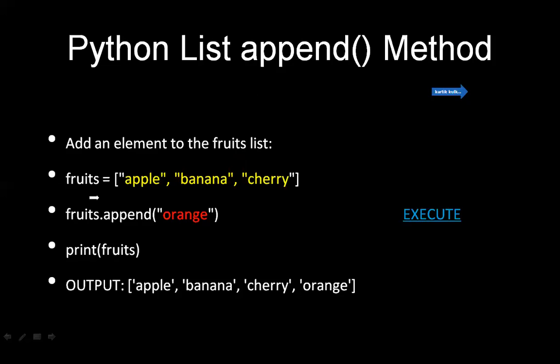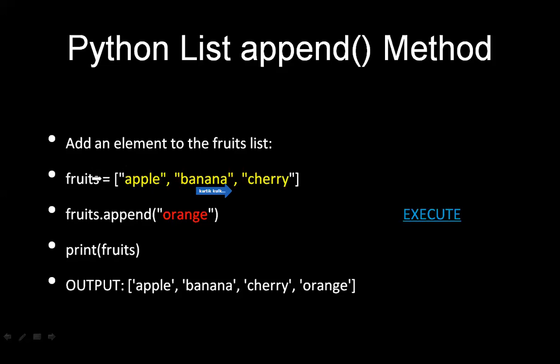So here I have taken fruits. Fruits is nothing but the list name. Then I take apple, banana, and cherry, because since I have specified the list name as fruits, I need to take objects pertaining to fruits.